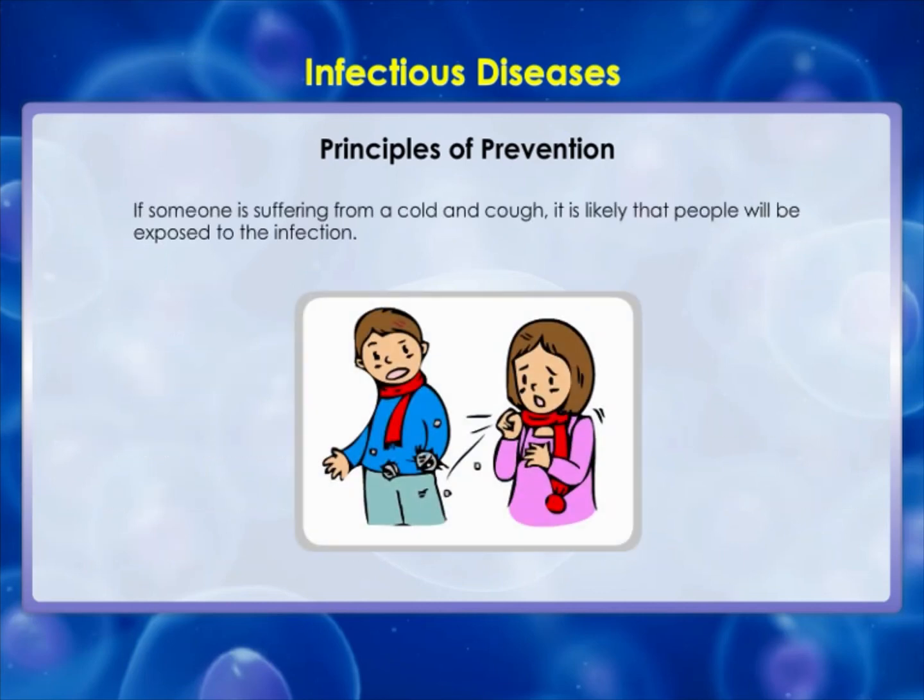In addition to these issues that relate to the environment, there are some other general principles to prevent infectious diseases. Normally, we're faced with infections every day. If someone is suffering from a cold and a cough in a class, it is likely that the children sitting around will be exposed to the infection. This is because of the immune system of our body normally trying to fight off the microbes. We have cells that specialize in killing infecting microbes.